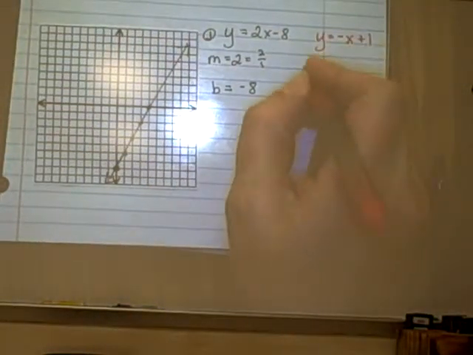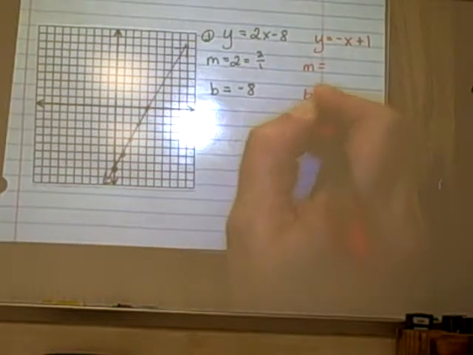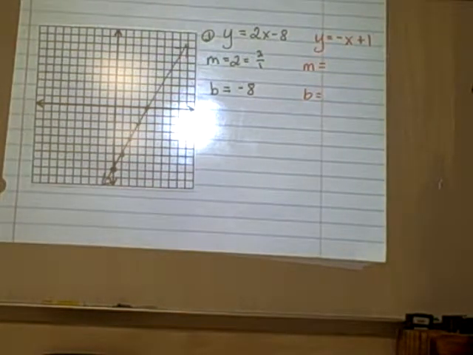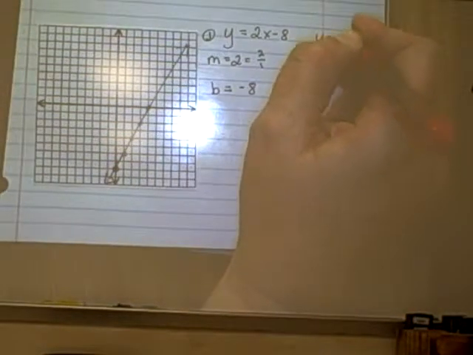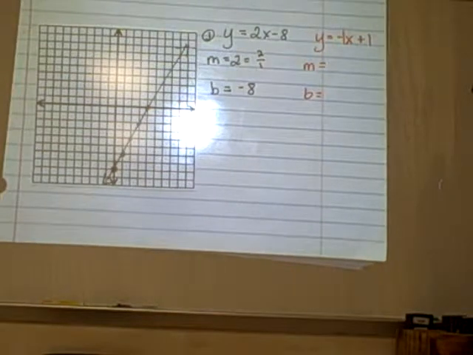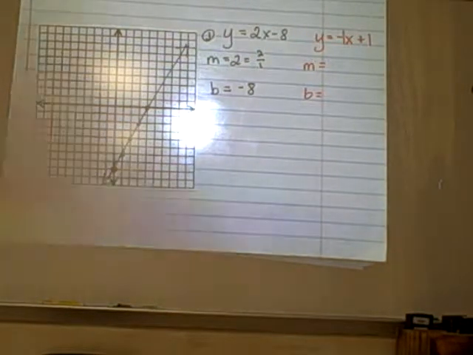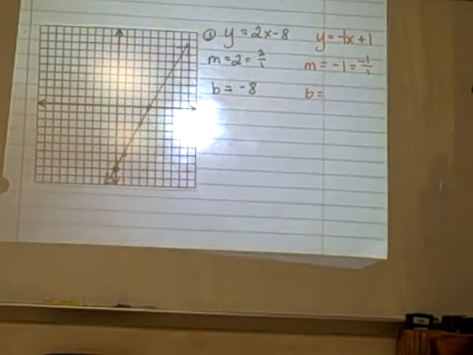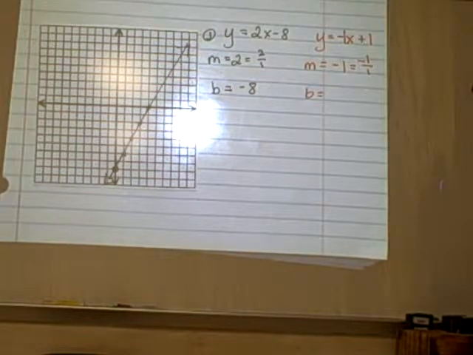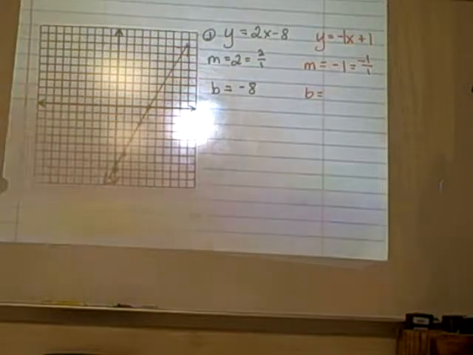The second line I need the same thing. Technically, what's in front of that x? A -1. So if it doesn't have a number, you're welcome to always put a 1 in there. So the slope is -1 or -1 over 1. And the y-intercept is +1.